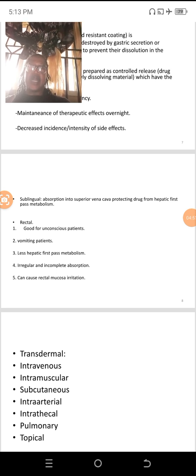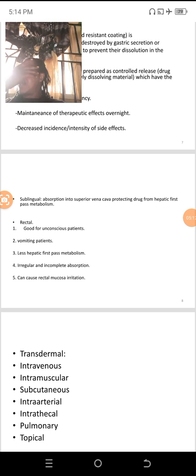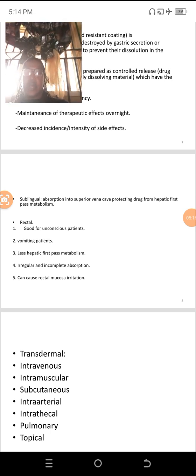Then, for the rectal route, the characteristics of the rectal route of drug administration include that it is good for unconscious patients. It's also good for children and also good for patients who are vomiting. For example, children who have febrile convulsion.